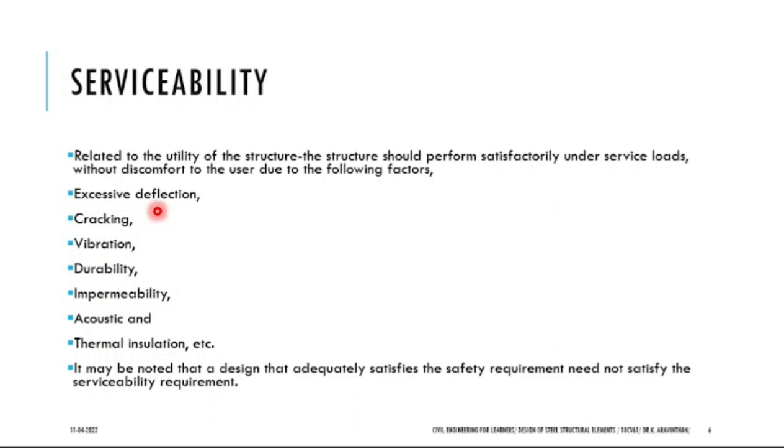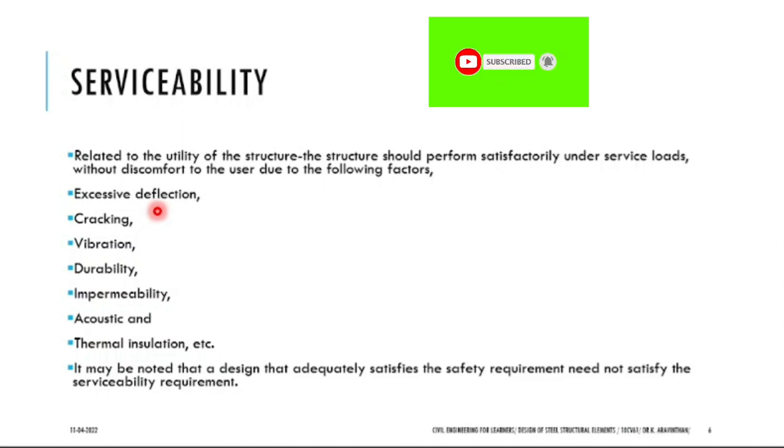See, certain structures might look safe. In certain bridges, you have observed that when you are traveling on a bridge, the bridge might give a vibration. It might be a water bridge or a land bridge. When you are crossing the bridge, you might observe a certain level of vibration.